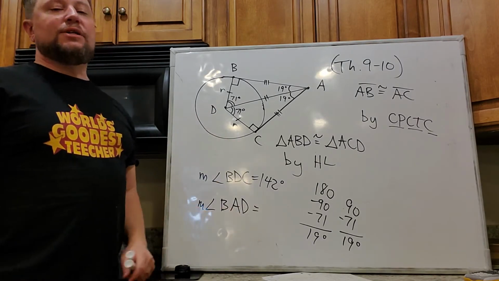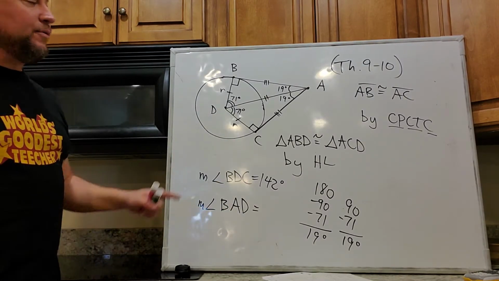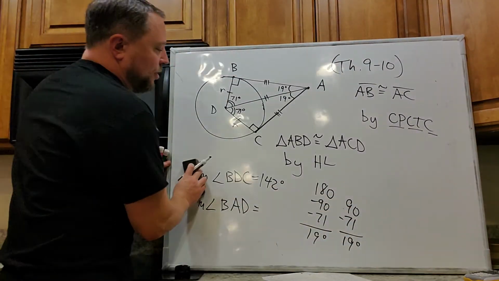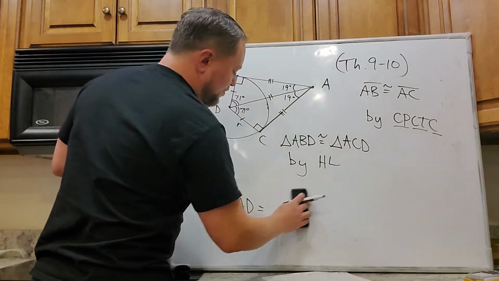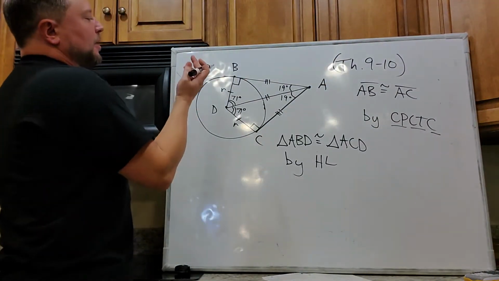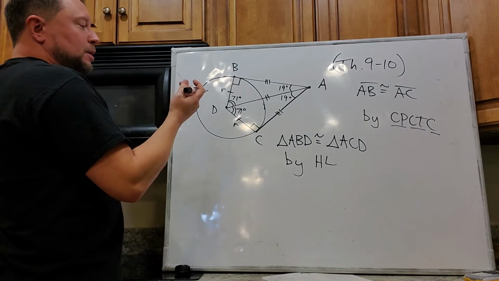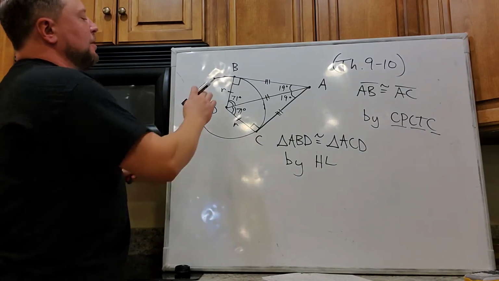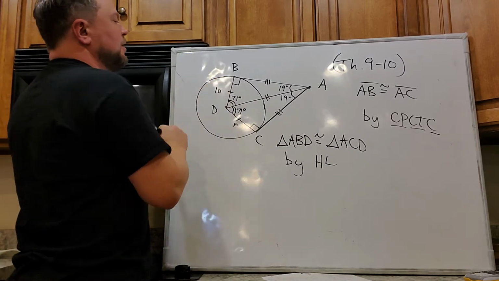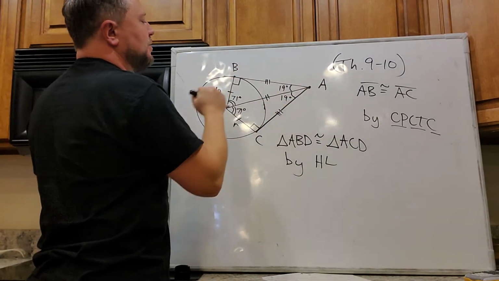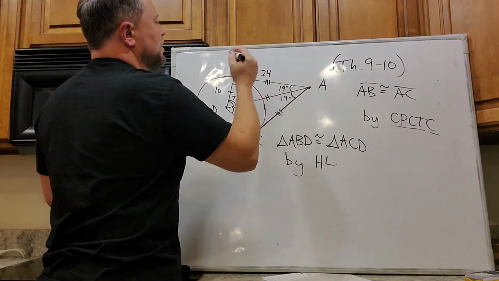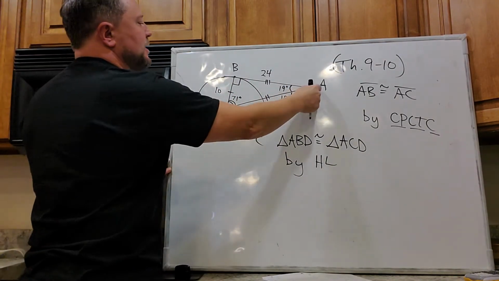Of course, the questions on these problems don't have to involve the angles. They might involve side lengths. What if I told you on this same problem that, let's say that the radius here was 10, and let's say that this length along here was 24, and I said, all right, find DA.